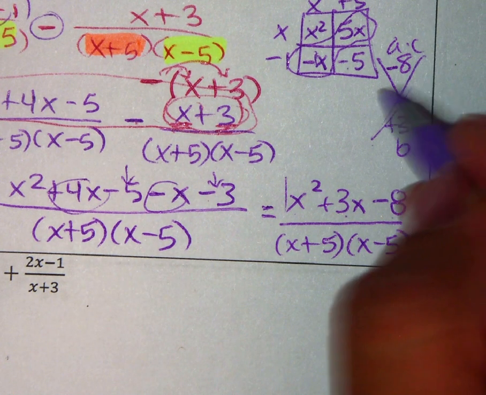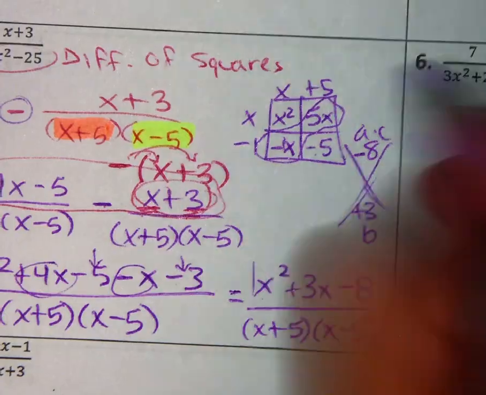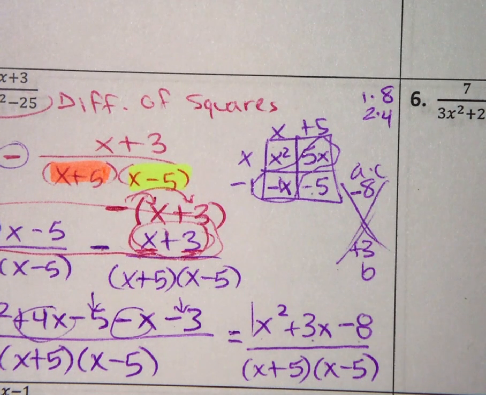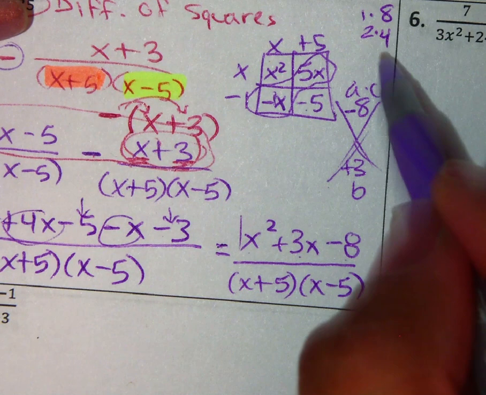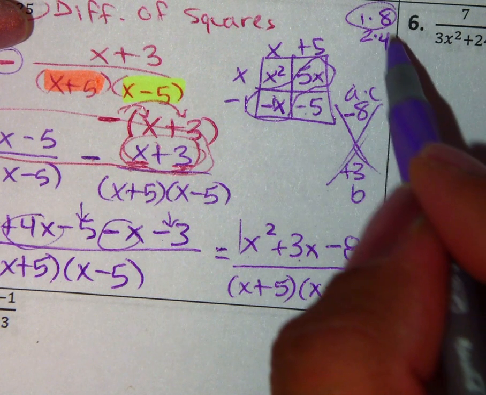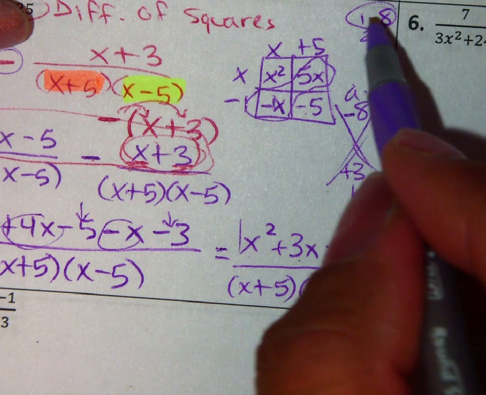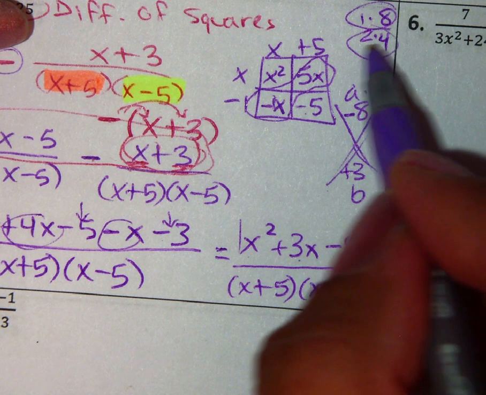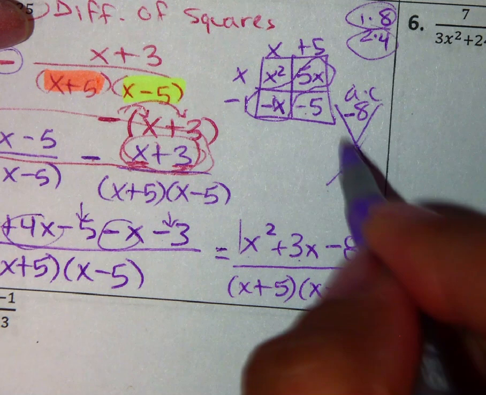What numbers do you multiply to get 8? So you only have the options of 1 times 8, 2 times 4, and that's it. So do any of these give you a 3 if you were to add or subtract them? 8 and 1 doesn't. 8 plus 1 is 9, and then the difference is 7. 4 plus 2 is 6, and then the difference is 2. So none of these do.